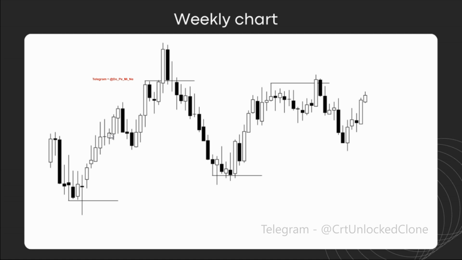And you can see, if your logic and narrative was correct, you would be right for all these weekly candles, and your bias and your drawn liquidity would be better than most traders, and you would have better precision and accuracy in terms of directional bias than anything else, right?